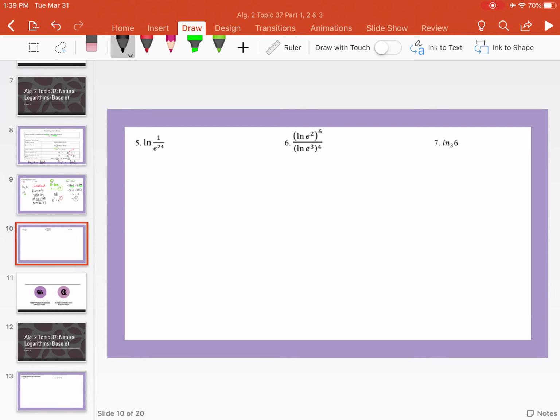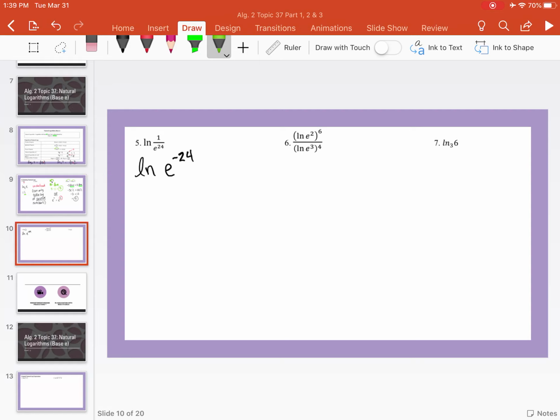Moving on to our next example. So if we have ln of 1 divided by e to the 24th power, what is another way that we can rewrite 1 divided by e to the 24th power so that we're not dealing with a fraction? Well, we can rewrite this as ln of e to the negative 24th.